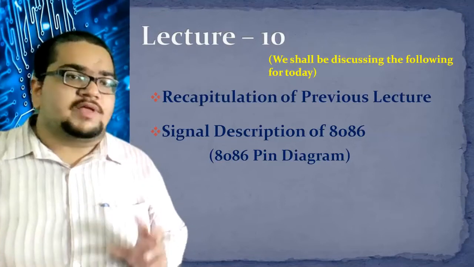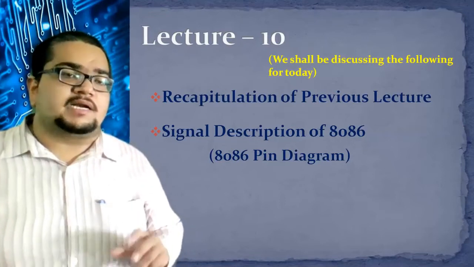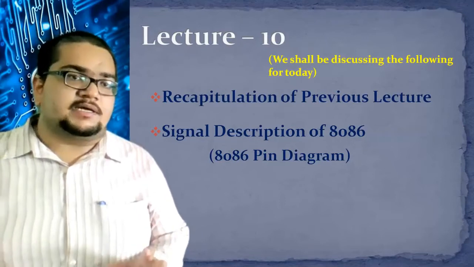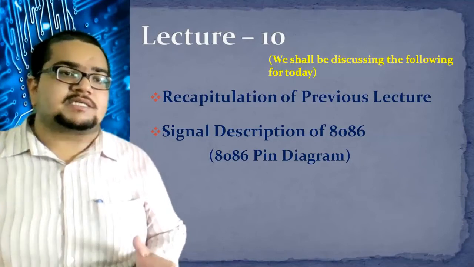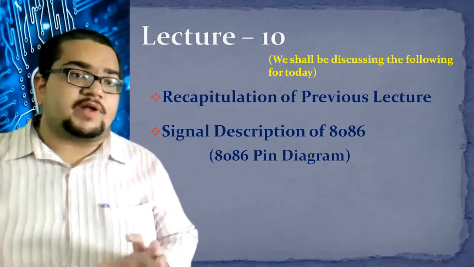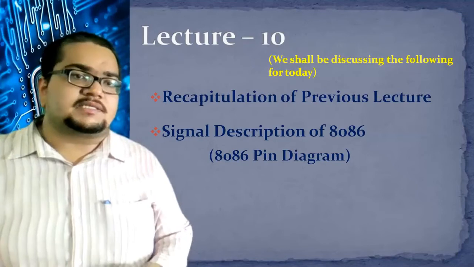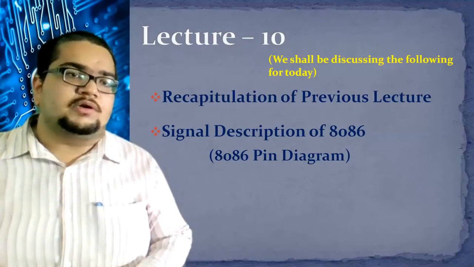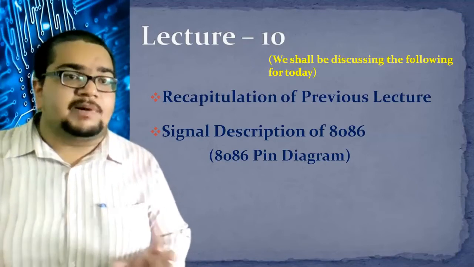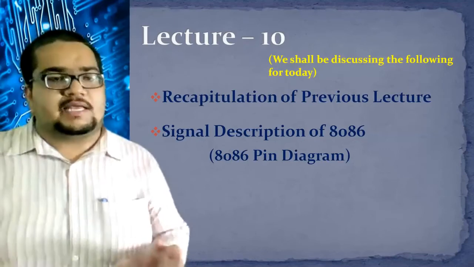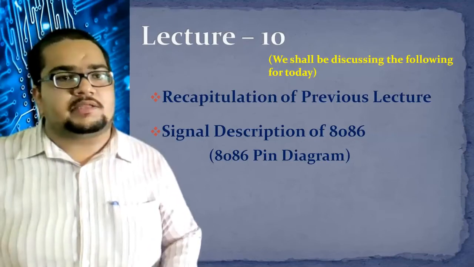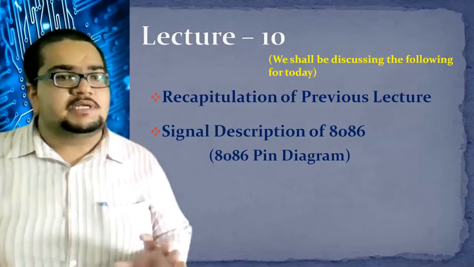Why so? We have seen that 8086 can work with data which is 16 bits in size, and sometimes it can also work with 8-bit data, because there are 8-bit registers like AL, AH and so on. They can handle 8-bit data, and the ALU can also perform 8-bit operations.